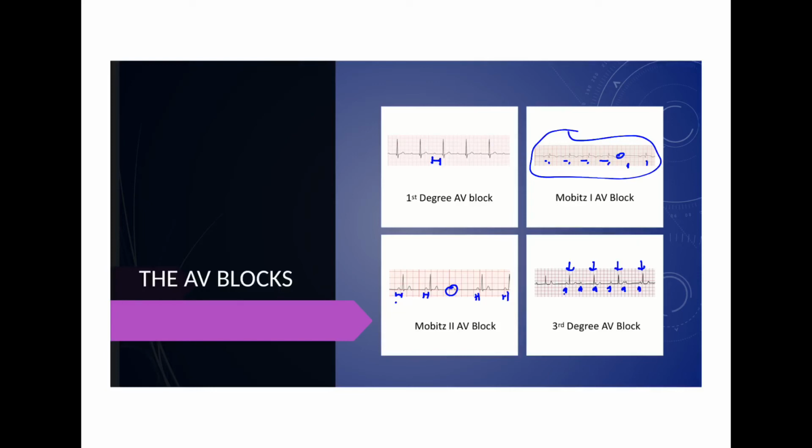So here, this looks like the P wave is just slightly before the QRS complex, but in this case, the P wave is occurring just after the QRS complex. So whenever you see no association between a P wave and a QRS, you should suspect a third degree block.